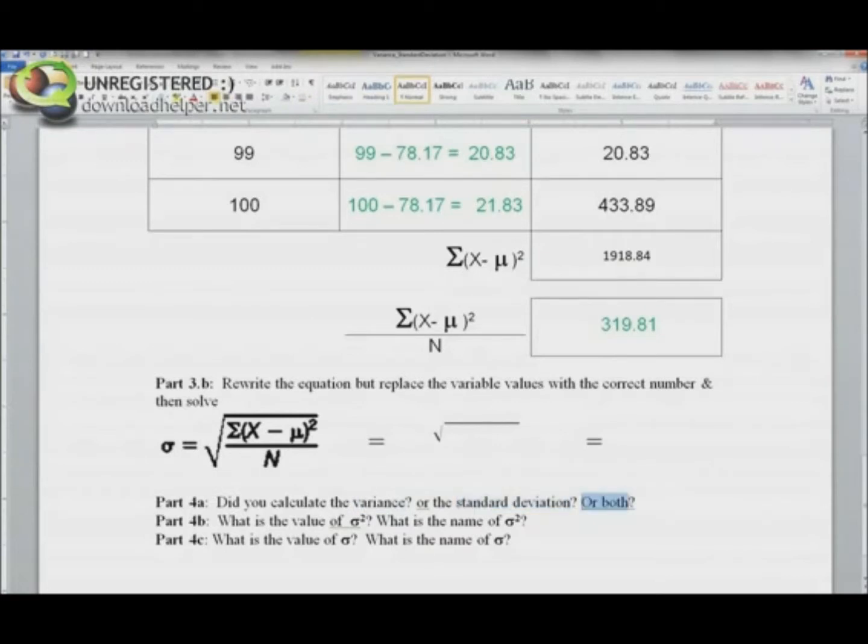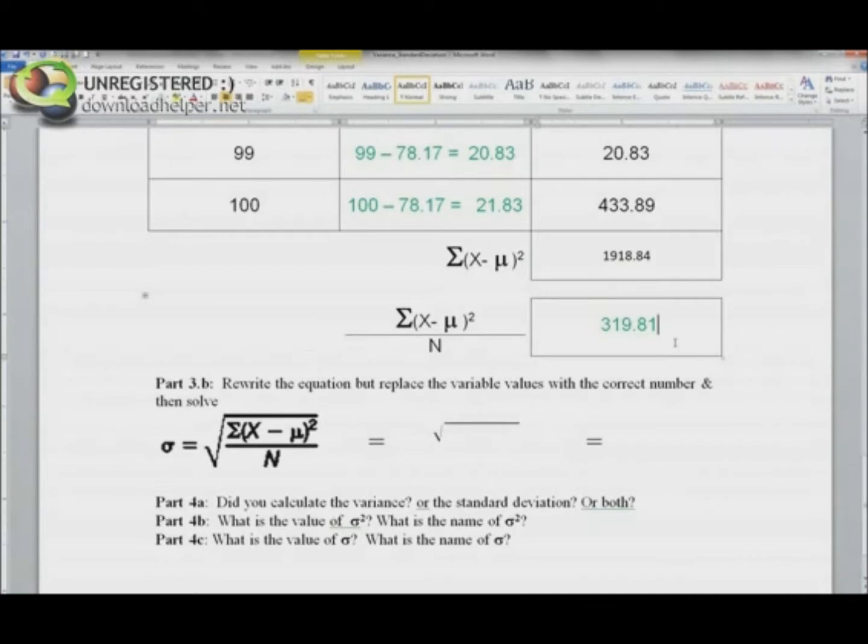Well, in order to get sigma, which is standard deviation, we must first calculate sigma squared, which is variance. So what this value is, 319.81 squared, is test points squared. It's what the students earned on their exams squared. So this is variance, okay?